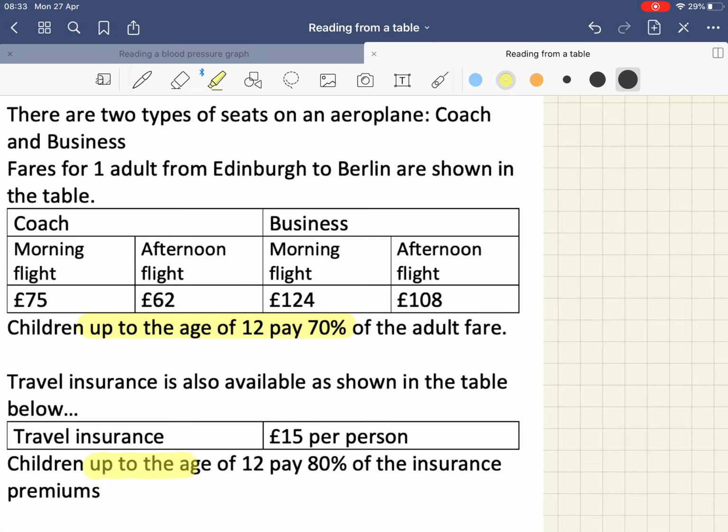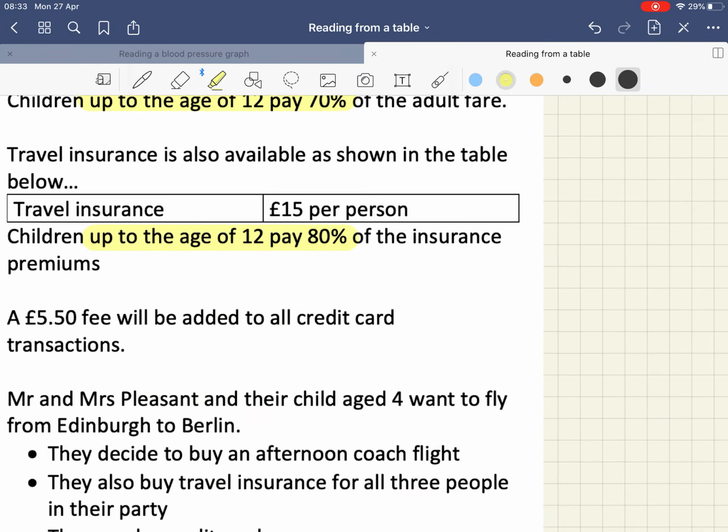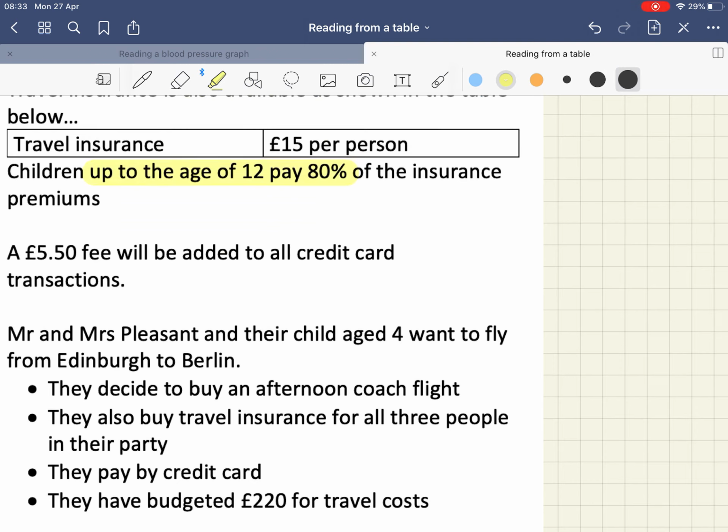So I'm also going to highlight that so we don't lose it. And then a £5.50 fee will be added to all credit card transactions. And then we are told Mr. and Mrs. Pleasant and their child aged 4 want to fly from Edinburgh to Berlin.